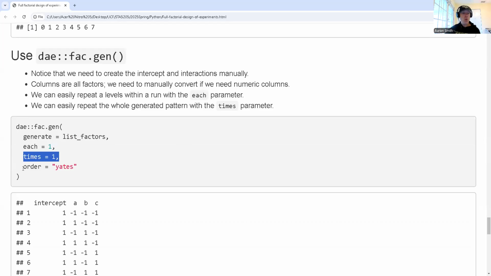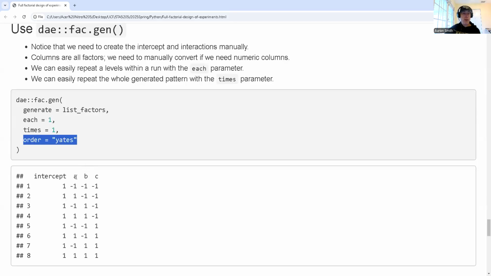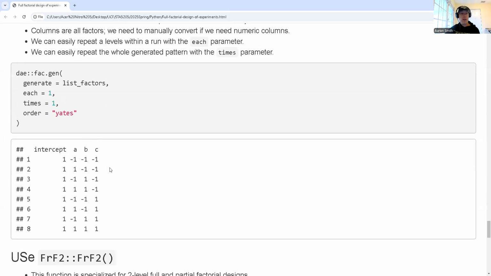And then order, there's a default or Yates. Yates puts it in what I think is the more natural order. In general, we want to have it in this format, where the one that is most important to us is to the far left, and we alternate on that one, is how I prefer to do it. Notice that I am missing my interaction terms completely.